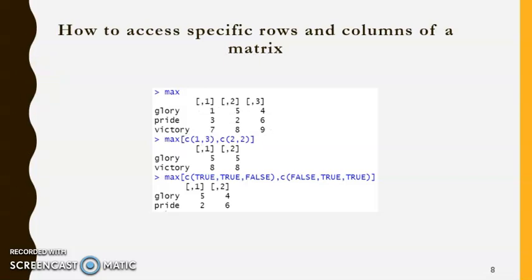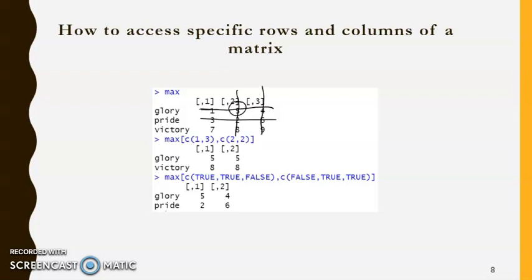Let's check it together. It wants the first and second rows, so first and second rows. Here it wants the second and third columns because they are true, so it goes for the second and third columns.